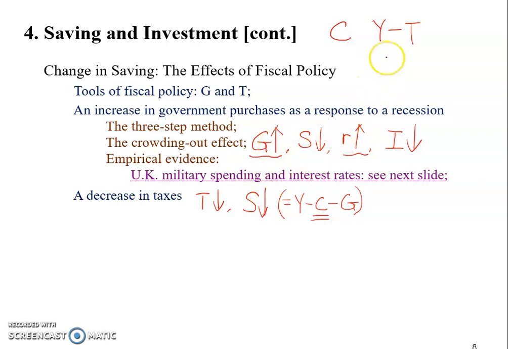So here, when we find the taxes decrease, our disposable income actually increases. And we tend to spend more on consumption. Now, when C becomes larger, then Y minus C minus G becomes smaller. So the national saving would decrease.